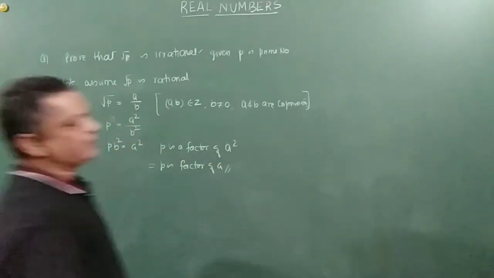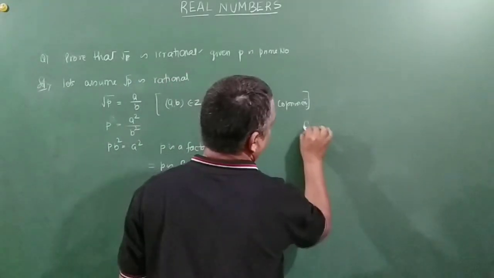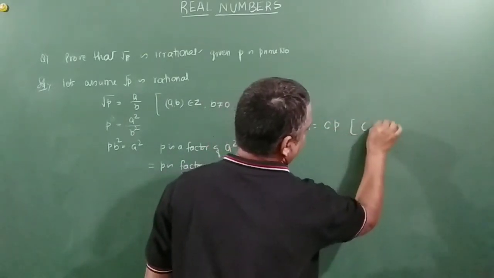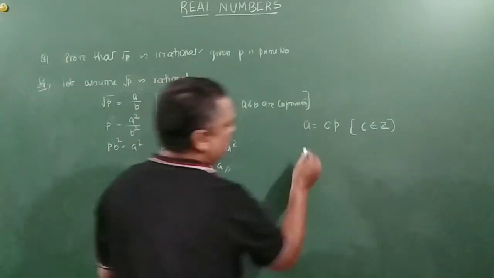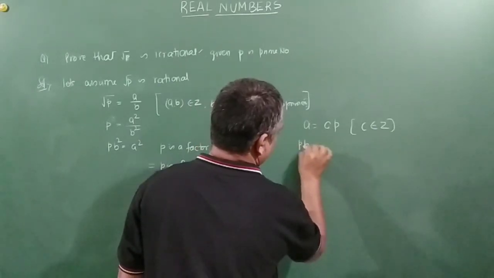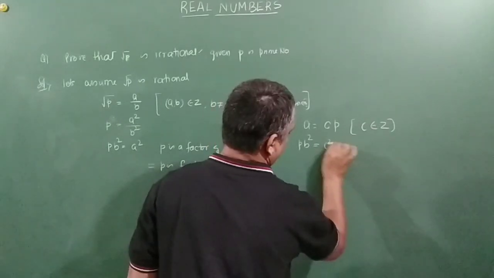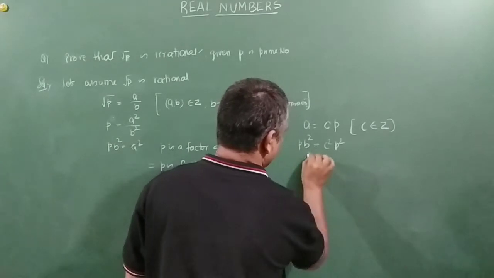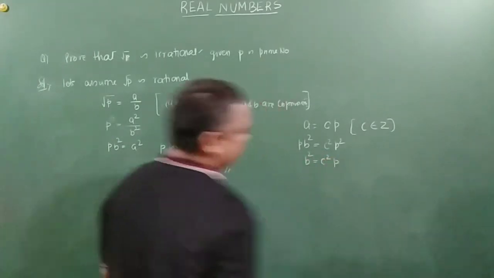So since A is a multiple of P, we can say A is equal to, let us say, C into P, where C belongs to integers, right? Now substitute this here, same process. It's completely the same process. So C square P square, right? So cancelling P on both the sides, P into B square is equal to C square.